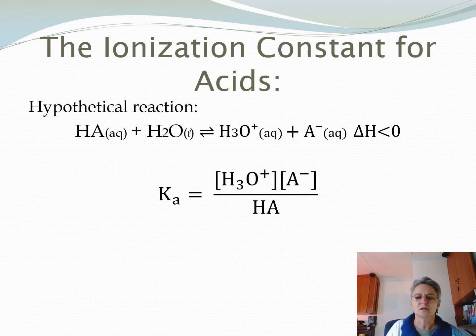Kc for this becomes Ka, the ionization constant for acids. So it would depend on the product of the concentrations of the oxonium ions and the acid anion divided by the concentration of HA. I left the brackets out there. That's naughty of me. It's the concentration of the acid.